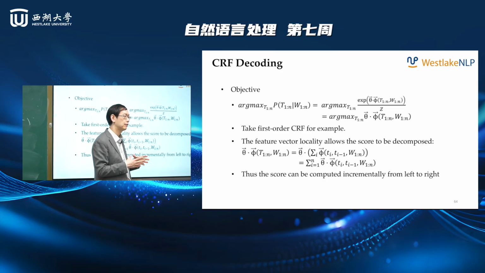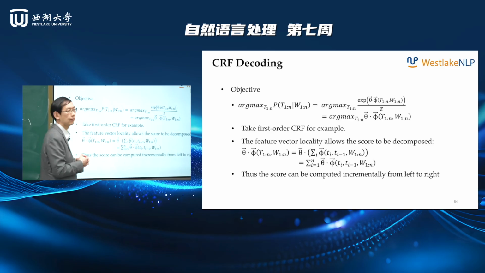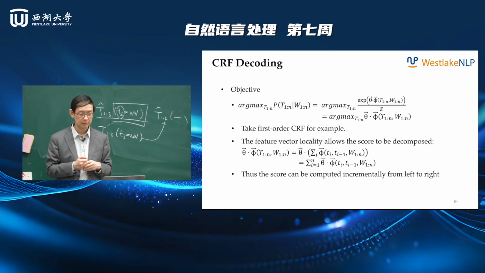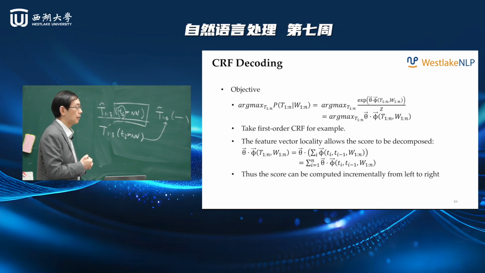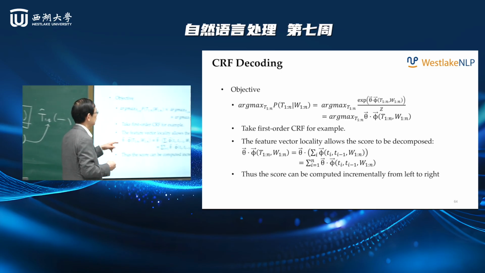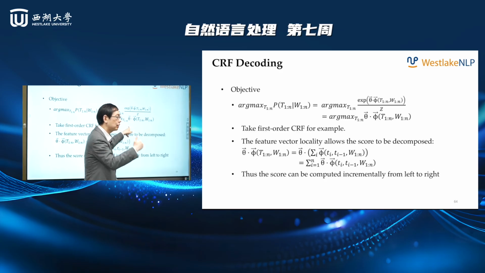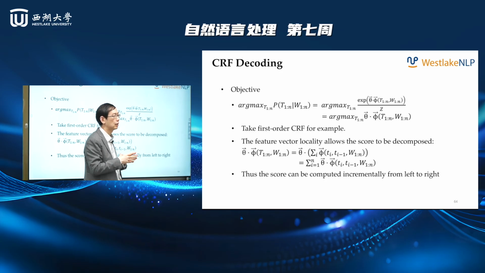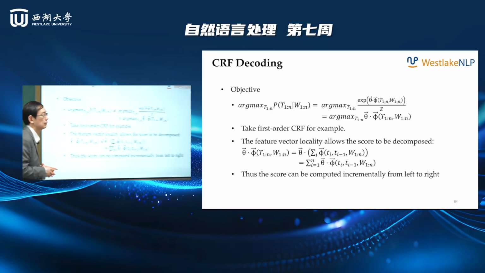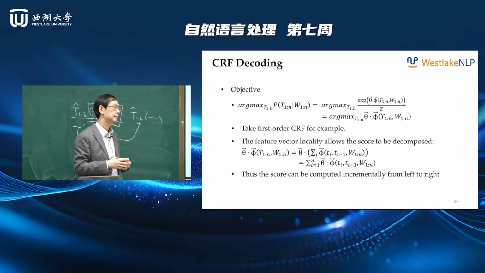This is the same for classification. So we don't need to find the highest scored softmax probability. We only need to find the highest scored theta dot phi, right? Okay, but if you can only compute things to this step, it means that you need to enumerate all possible outputs and compare theta dot phi. It's intractable. Exponential number of outputs.